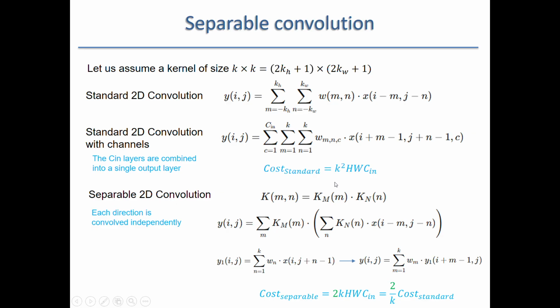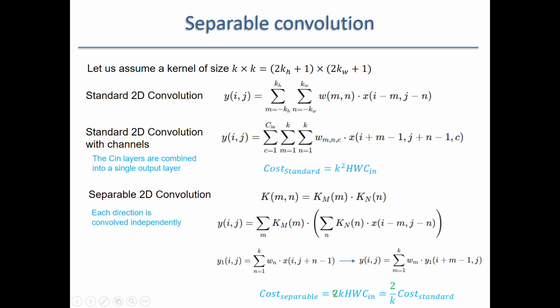So now instead of having to do k squared operations, we are doing 2k operations, and it is represented here. To produce an output, you first produce an intermediate one-dimensional horizontal convolution, and then you do the vertical convolution. So you are doing 2k rather than k squared.